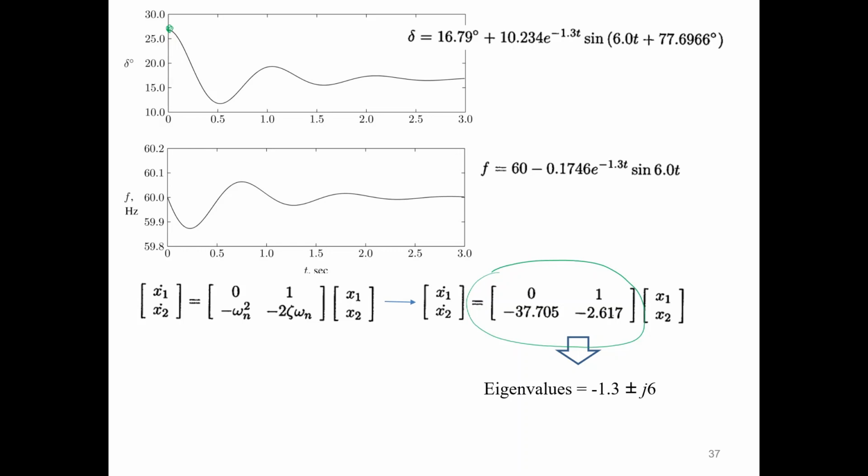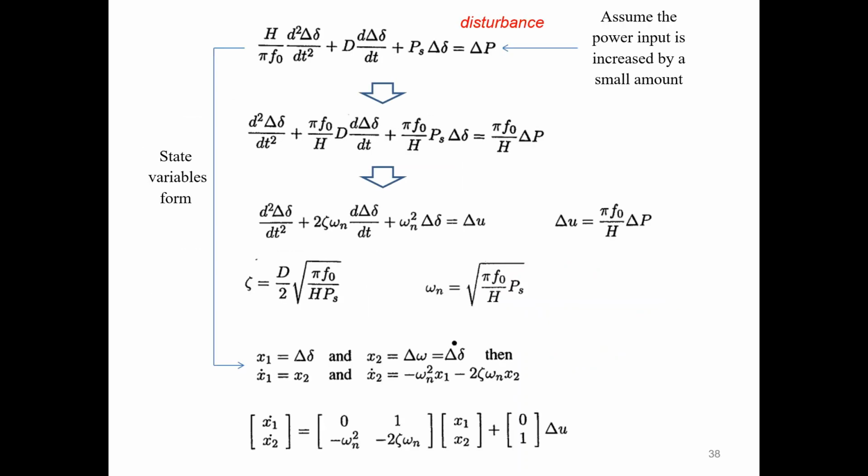So this is a stable case. This is what we learned from the small signal stability in the case where you change the delta.